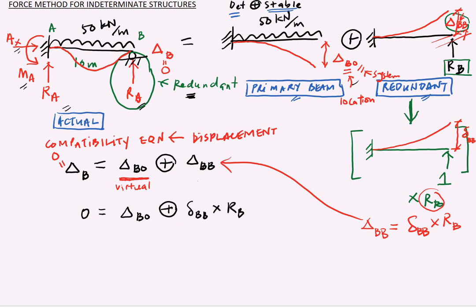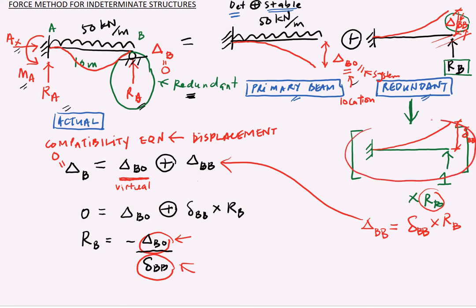If you rearrange this equation, you will get RB as negative delta B0 divided by small delta BB. So if you know delta B0, which you can find using the virtual method, and small delta BB, which again you can find from this system using the virtual method, you can then find your reaction at B. This is in essence what the force method is.